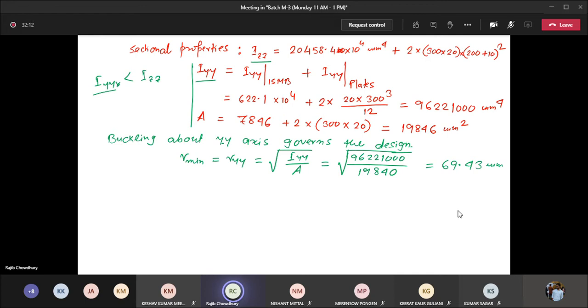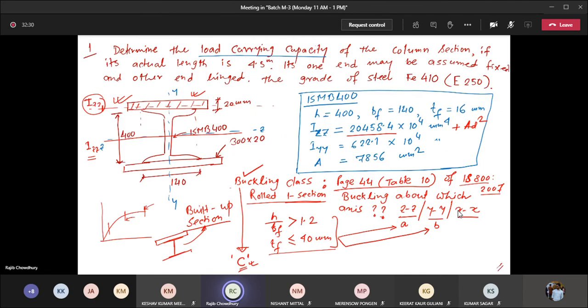Right. So afterwards, what I'm going to do is the effective length. What is my support condition? Support condition is, let's say, one end may be assumed as fixed and the other end may be assumed as hinged.